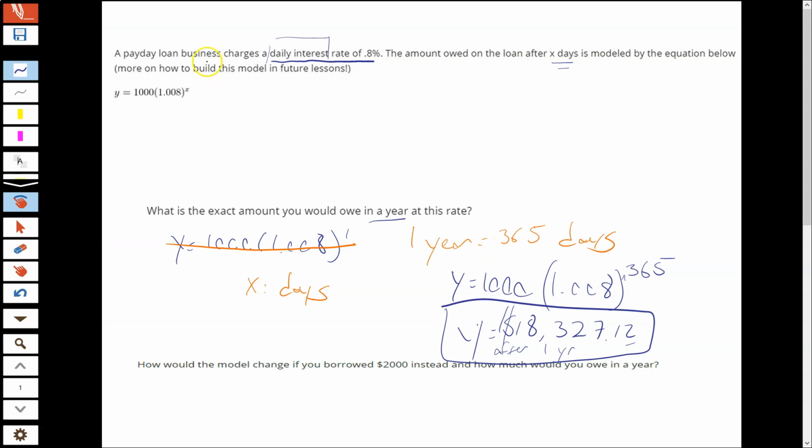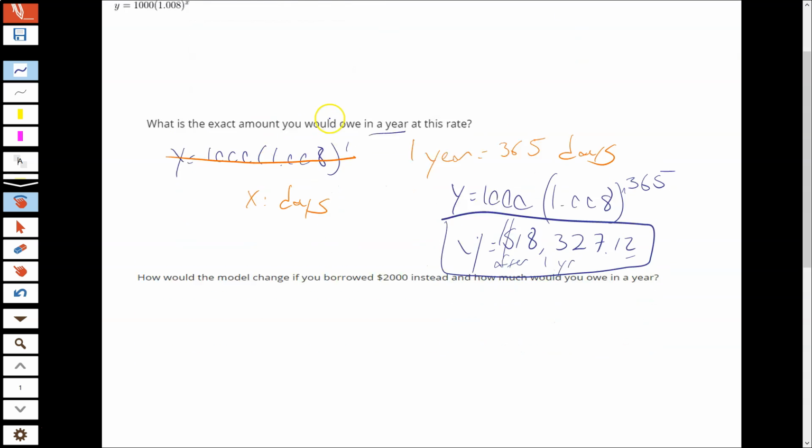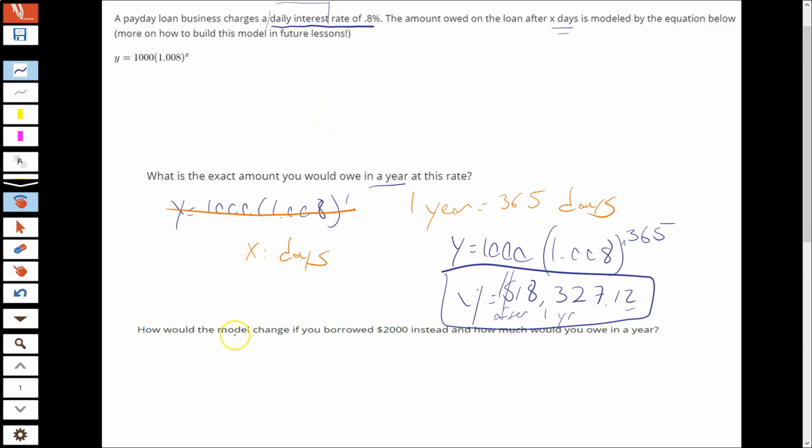So that's part of the reason why these payday loan stores are such a bad deal, because the interest is added very, very often. So like weekly or daily. Okay? And then how would the model change if you borrowed $2,000 and how much would you owe in a year? Well, so remember we have a times b to the x is our model, right?